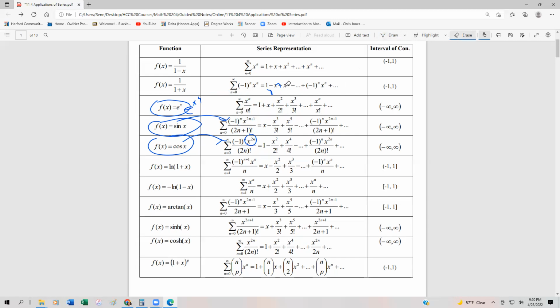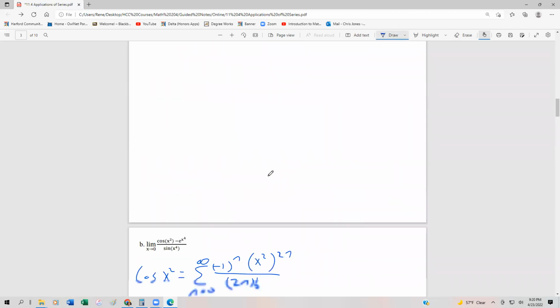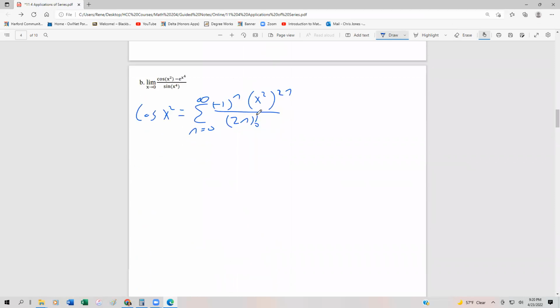All right, so for our e to the x to the fourth, that's going to be equal to the series n equals 0 to infinity of x to the fourth to the n divided by n factorial, right?